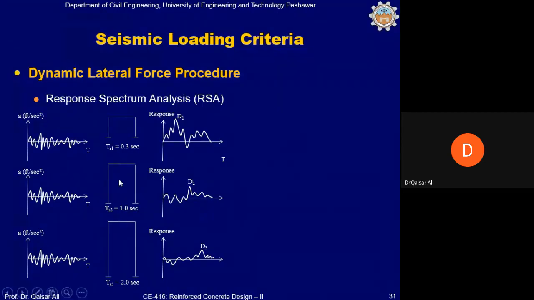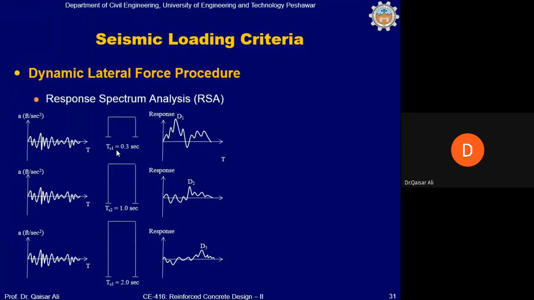For example, when I say the time period is 0.3 seconds, there will be a group of structures having a time period of 0.3 seconds, regardless of the material of the structure. For example, the structure may be masonry, reinforced concrete, or steel, but it is possible that with different proportions of their different components, they have a time period of 0.3 seconds.